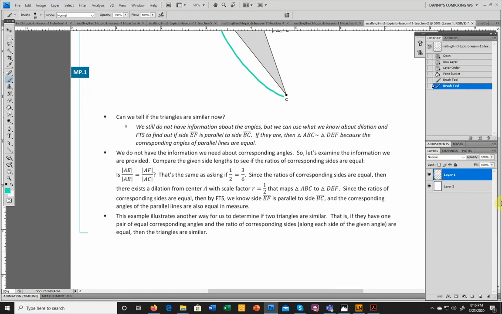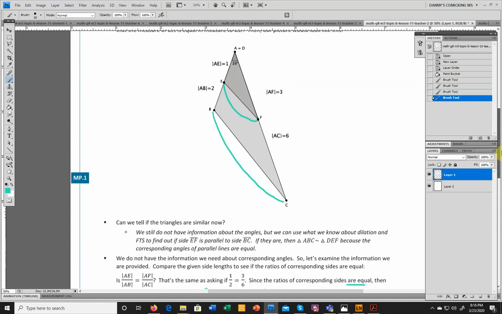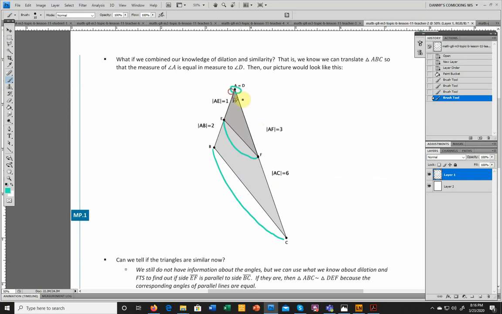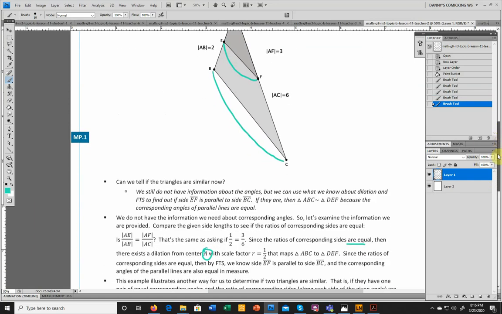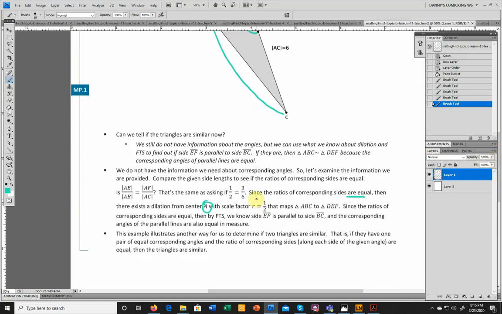Is AE over AB equal to AF over AC? That is the same as asking if 1 over 2 is equal to 3 over 6. Since the ratios of corresponding sides are equal, then there exists a dilation from center A. So if you dilated from here, A, with a scale factor of 1/2, that maps ABC to DEF.